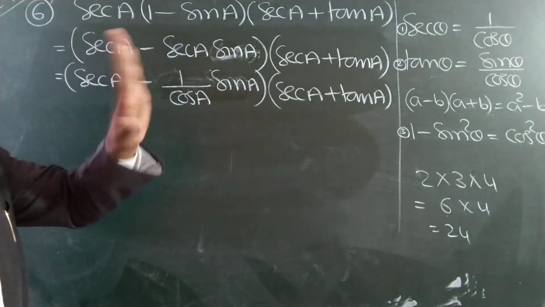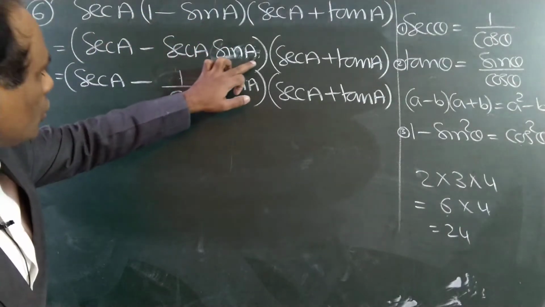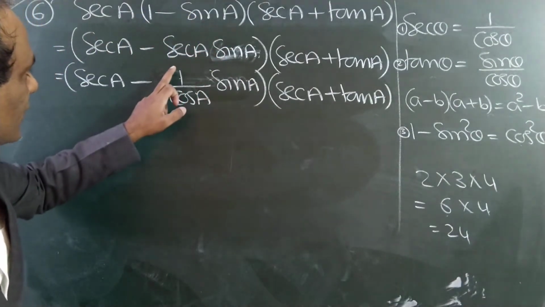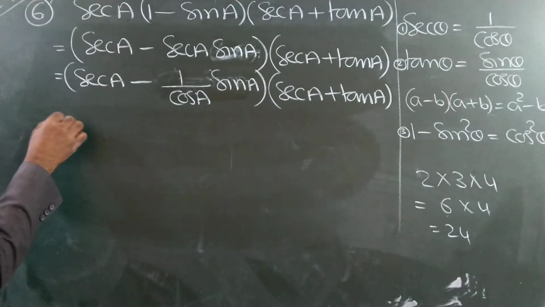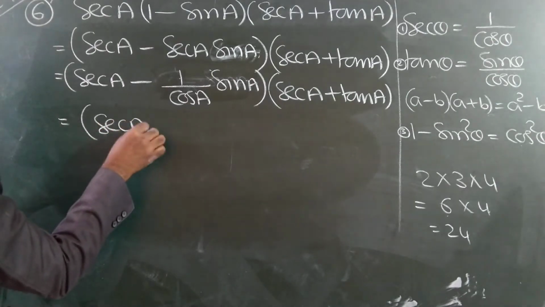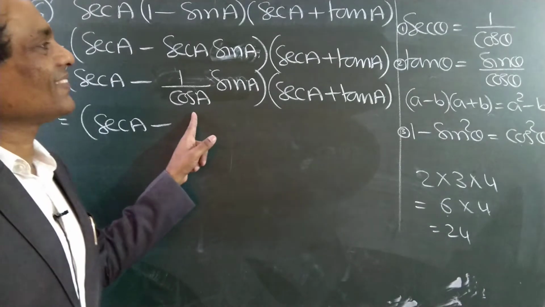Only these two I changed. To simplify, I wrote secant as 1 by cos A. Don't write secant A minus sin by cos.